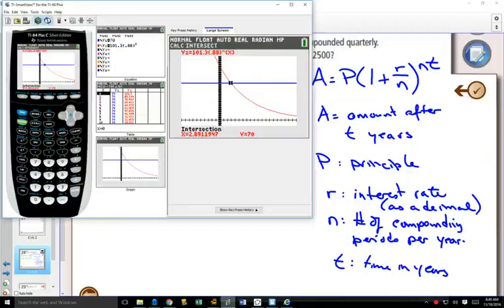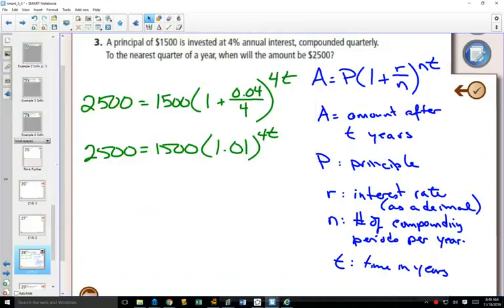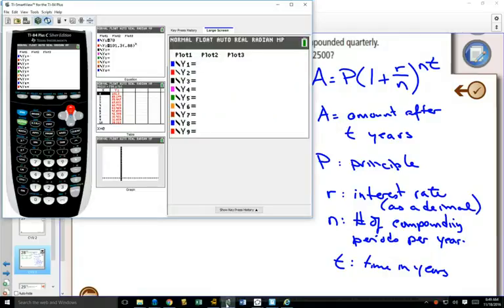So we go to our calculator. What we're going to do is type this part of our equation into y1, and this side into y2. 2,500 into y1, and 1,500 times 1.01 to the power.